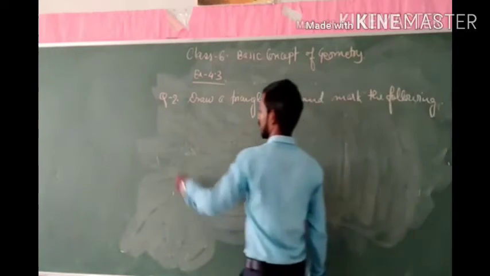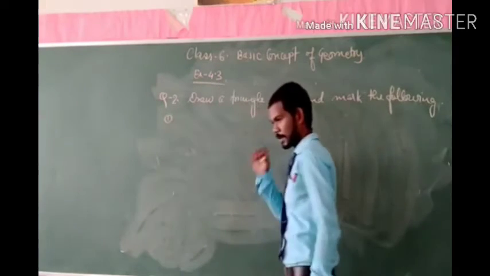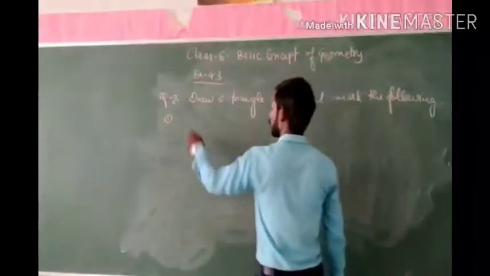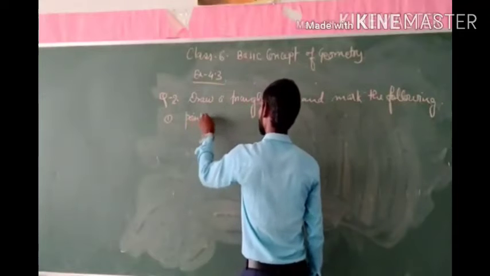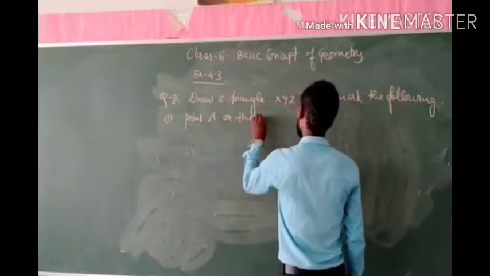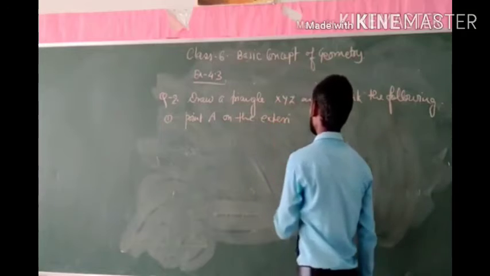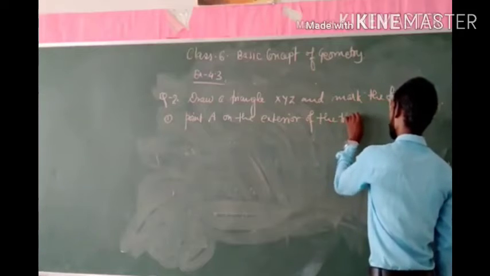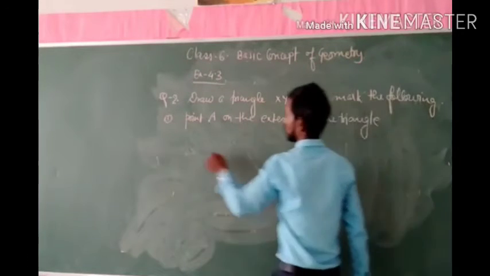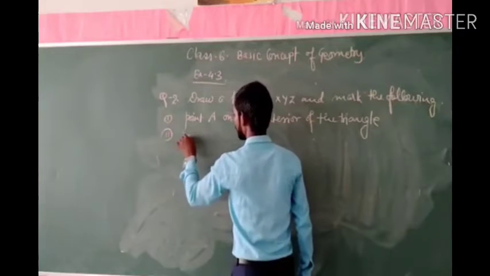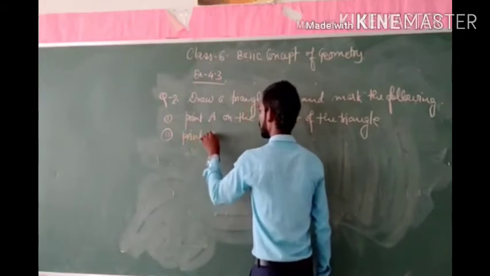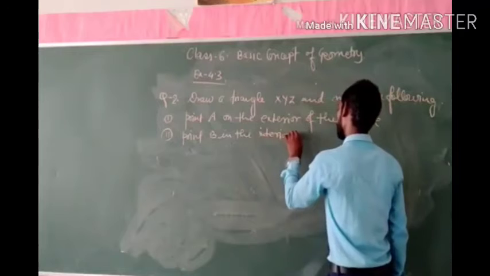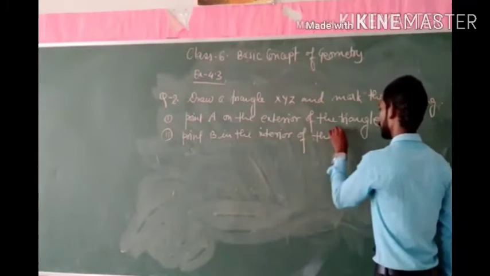Here, some points are to be noted. The first, a point A on the exterior of the triangle. Second, point B in the interior of the triangle.